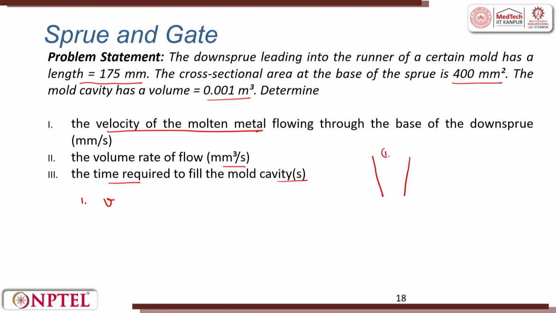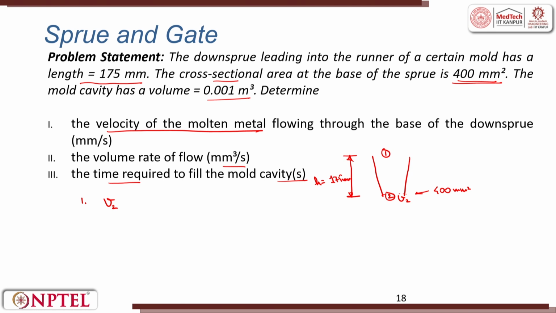Let me say this is point 1, this is point 2, and this height is given as 175 millimeters. This is my H. We need to find the velocity at point 2, which I will call V2. It is also given that the cross-sectional area at the base of the sprue is 400 millimeter square. That means this area is 400 millimeter square.